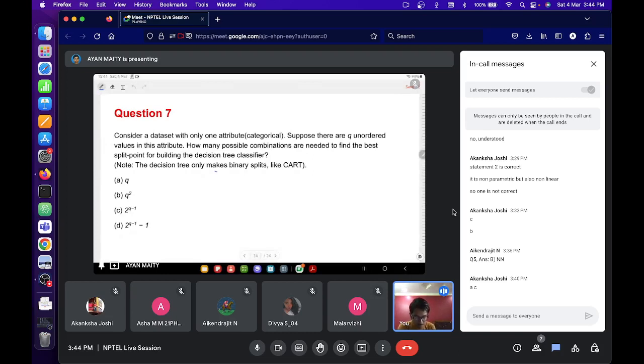Note that it only makes binary splits, so not more than two branches can be present in any split. So how many possible combinations are needed to find the best split point?